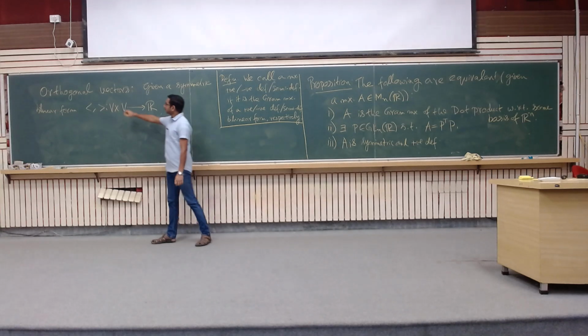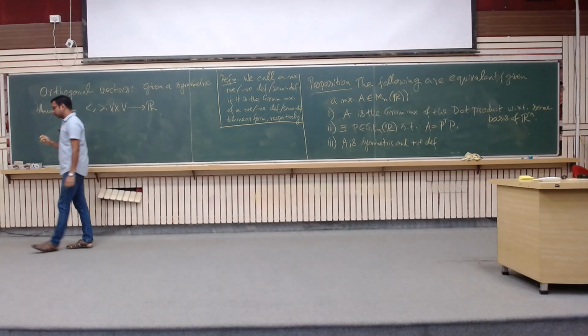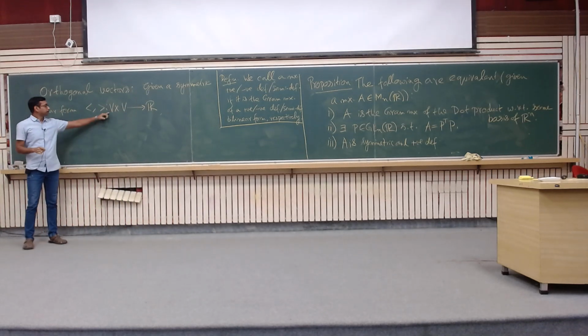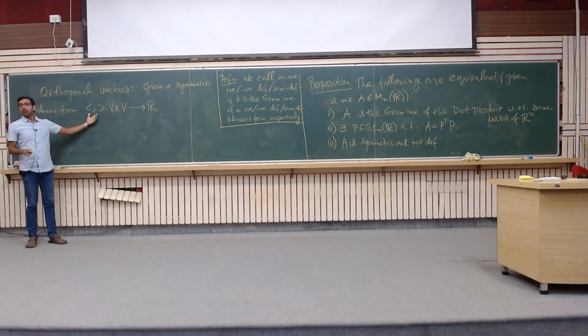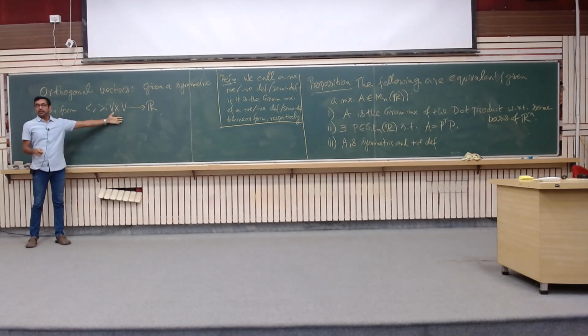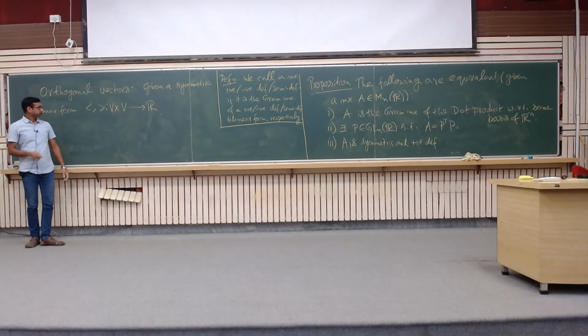Note that this definition of orthogonal vectors will later also generalize to other kinds of forms called Hermitian forms over vector spaces on the field of complex numbers.